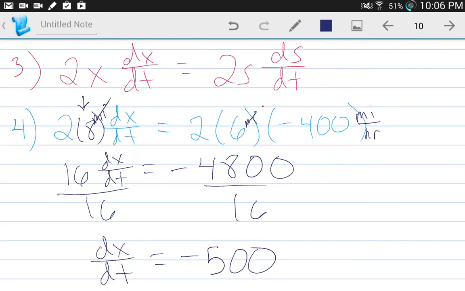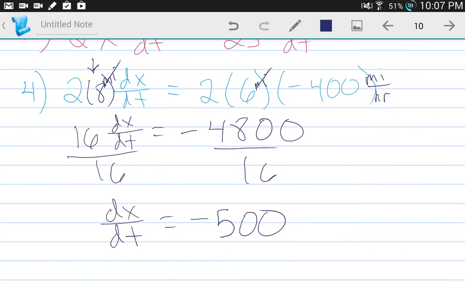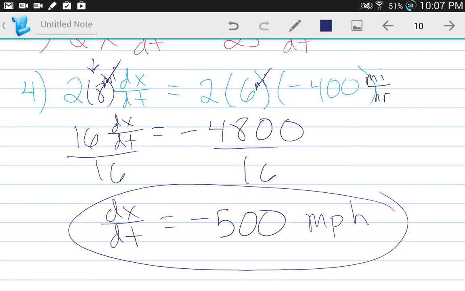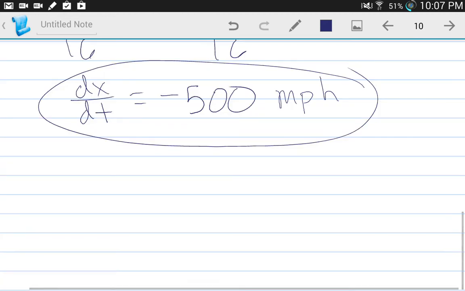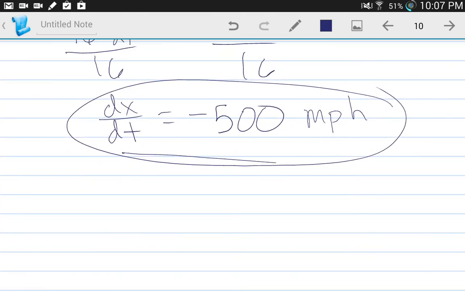So those will cancel, and we still have miles per hour. Okay, and it's negative because it's decreasing, which if we look back to our picture, our plane is going this way. It is getting closer, so this x should be getting smaller and smaller, which is why it's negative. So our answer does make sense to be negative.